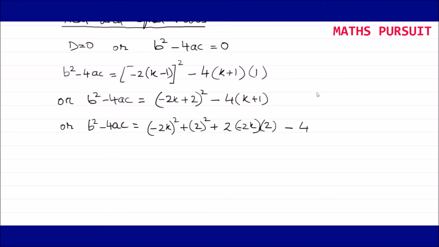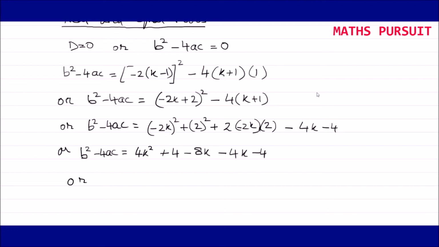Minus 4k minus 4. But we need to be very attentive while solving any equations, otherwise we might end up doing some silly mistakes. So minus 2k to the power 2 is nothing but 4k square, plus 2 to the power 2 is 4, then 2 into minus 2k into 2, which is minus 8k, minus 4k minus 4.